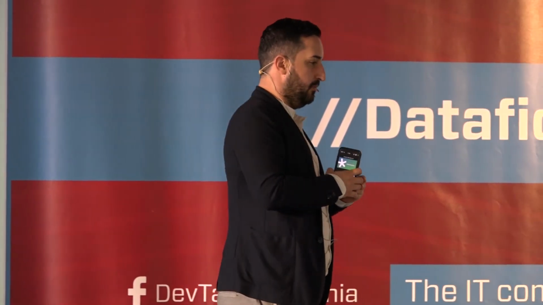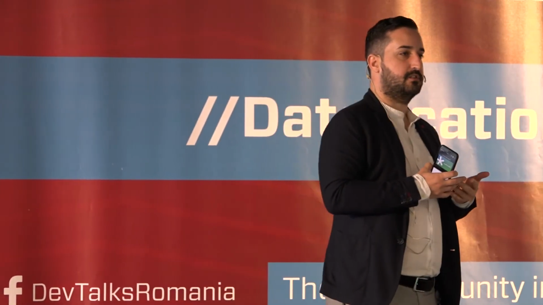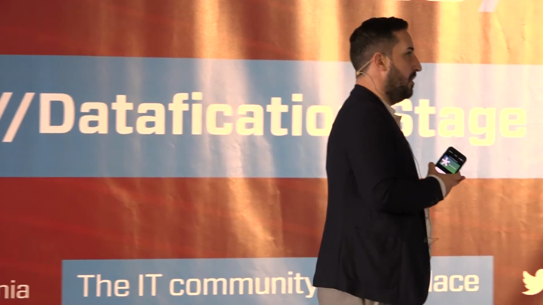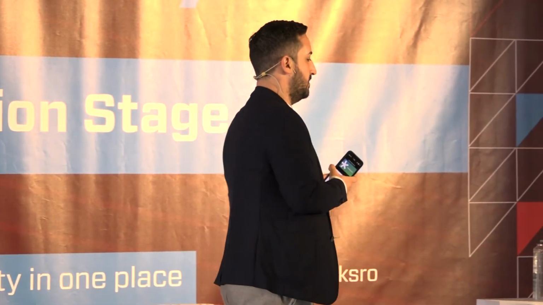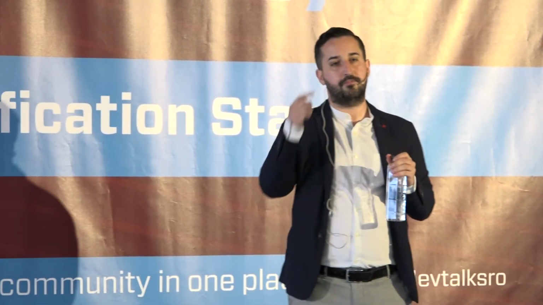Now, we started looking at the technologies, which I think is sometimes a common mistake. When you have a problem, you don't really look at patterns on how to solve that problem, but the first thing you think is, okay, I can solve this with Kafka or with MySQL or with whatever.